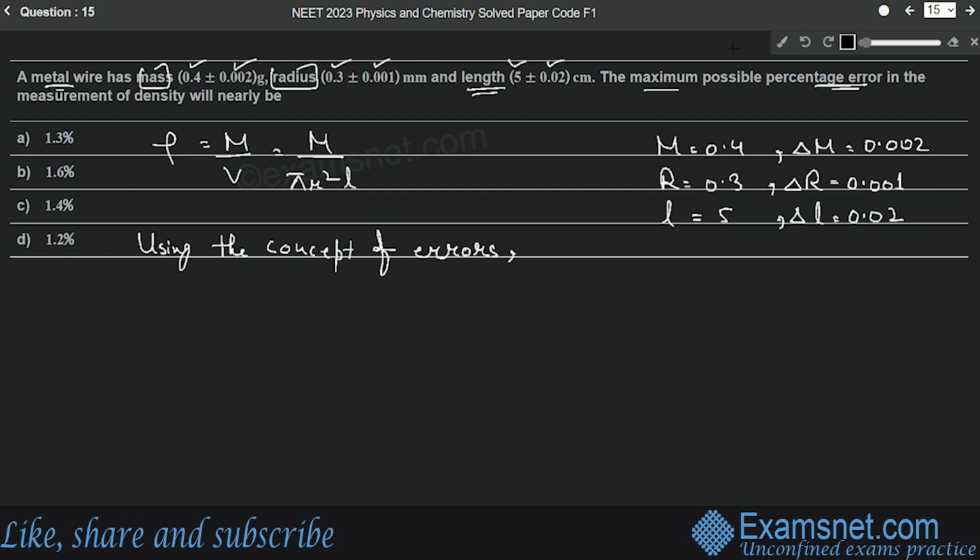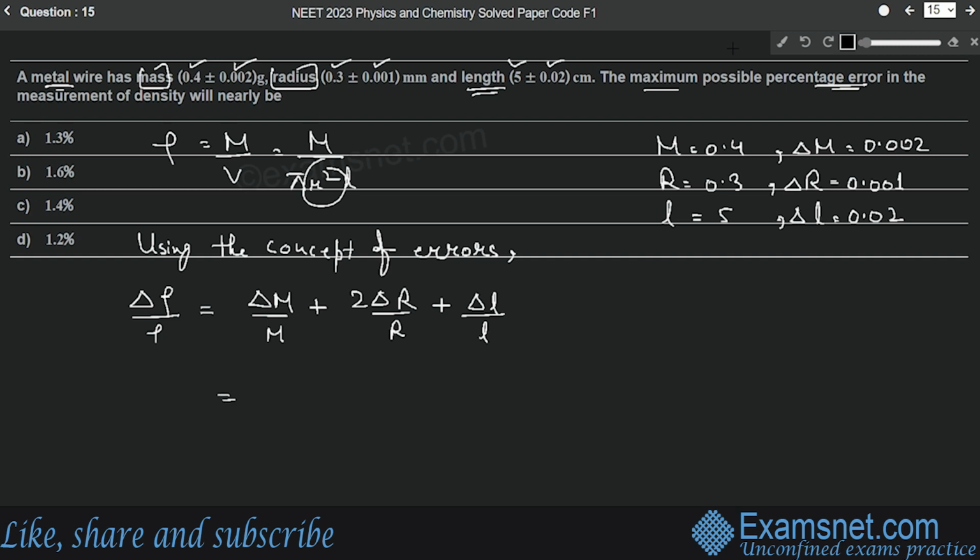we know that delta rho by rho, that is the error in density, will be equal to delta m by m, that is error in mass, plus 2 times delta r by r, because we have r square in the formula, power is 2 here, so it will be multiplied by 2, plus delta L by L. Okay, so let's put the values here.